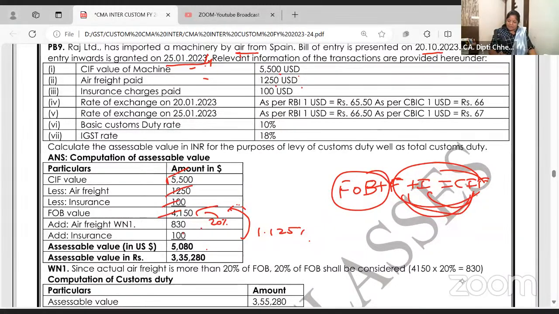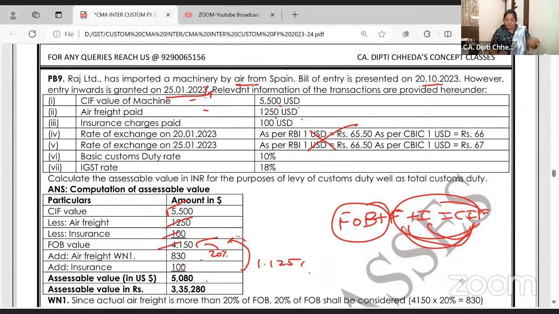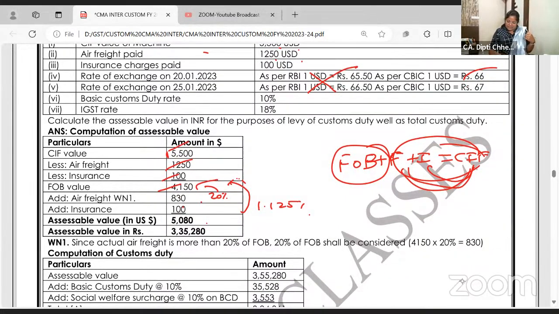And in rupees, you can convert. Now for conversion, you will take RBI rate or CBIC rate. CBIC. So find the RBI one. When you are importing, which rate of exchange do you have to take, on which date? The date you present the bill of entry, not the entry out, but the bill of entry. That means 20 January, that means 66. Multiply into 66.